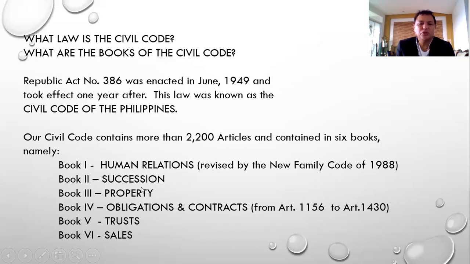Then book 2 is succession. Book 3 is property. And our subject is found in book 4, obligations and contracts, from article 1156 to article 1430. Other books are trusts and sales.